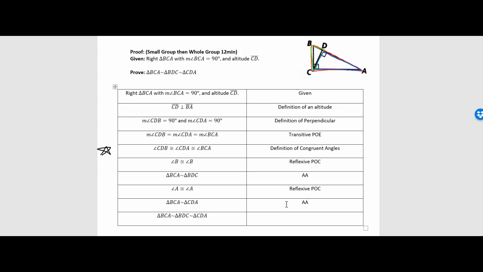Well, if I know that the red is similar to the green, and the red is similar to the blue, then the blue, green, and red must all be similar to each other by the transitive property. I'm going to write the whole thing out, property of similarity.